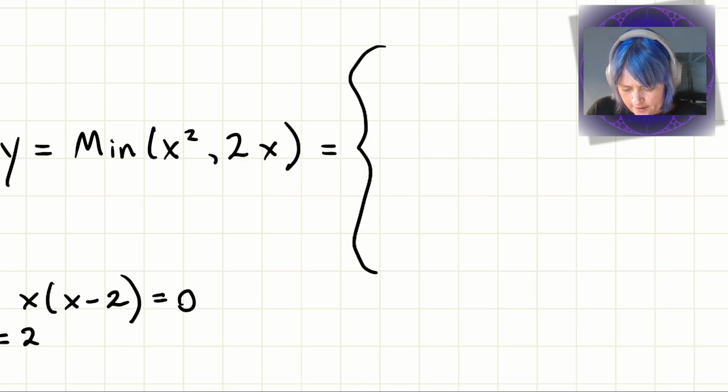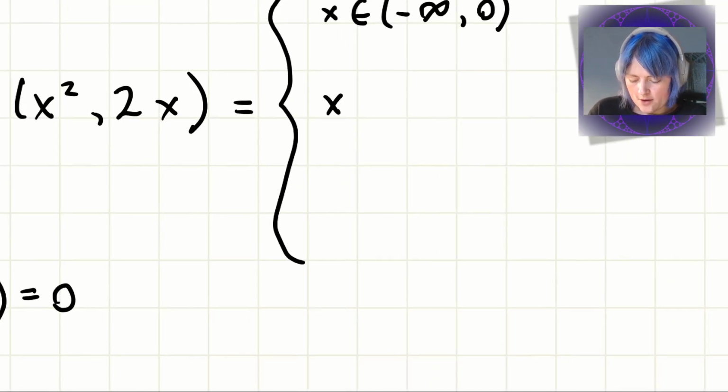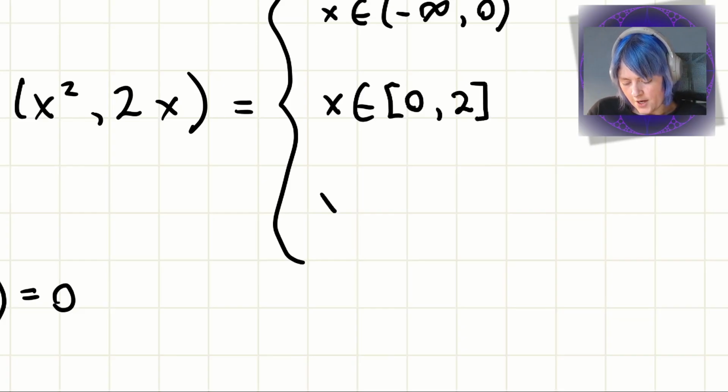So let's start when x is between negative infinity and 0. We have to investigate when x is in 0 to 2, and when x is in 2 to infinity.